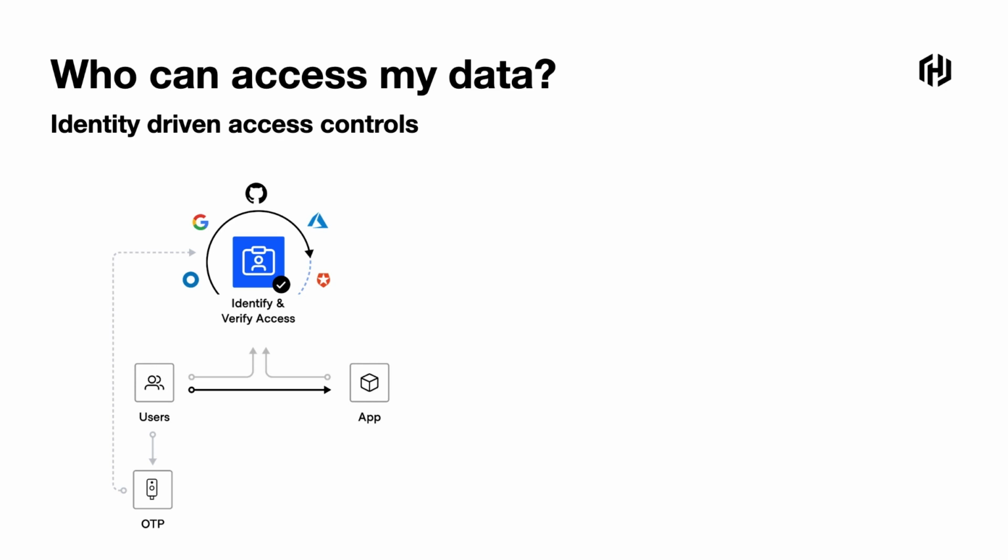Identity-driven access controls are pretty well understood for people, right? We've done this for a long time, where you can cryptographically prove who you are. You go to an application, and it redirects you to a third-party identity and access system, something like Okta or Google Workspace, Azure AD, Auth0, even GitHub, right?